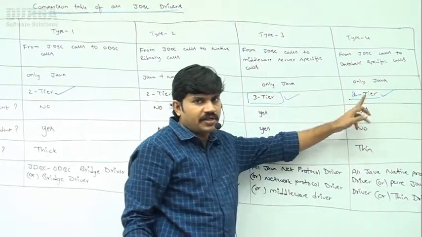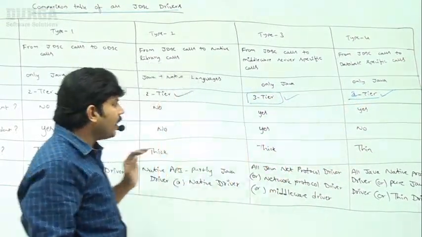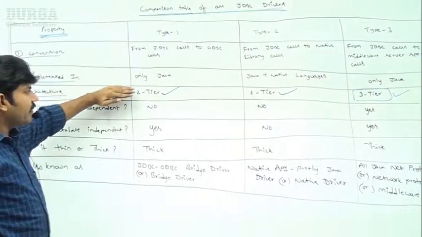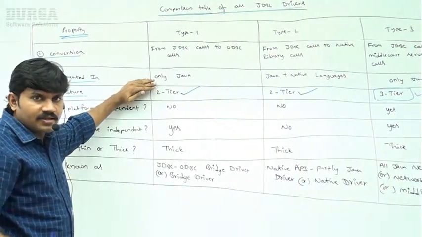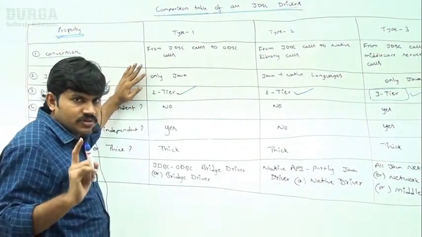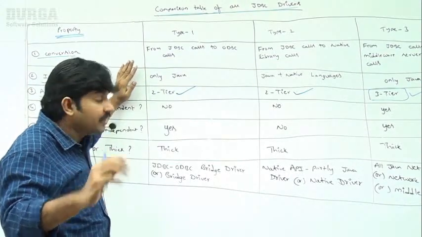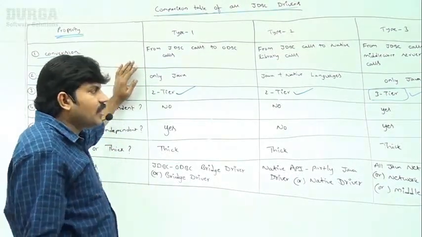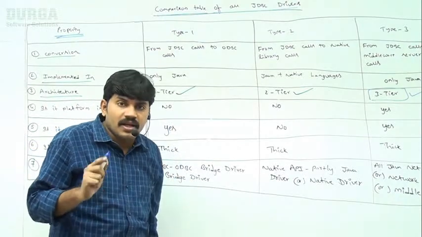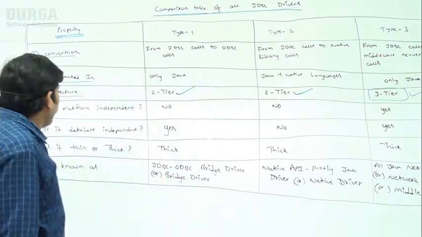Remember this one. Only one driver follows 3-tier architecture, the type 3 driver. Except for type 3, all the remaining drivers follow 2-tier architecture only.